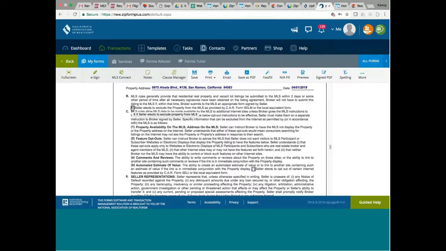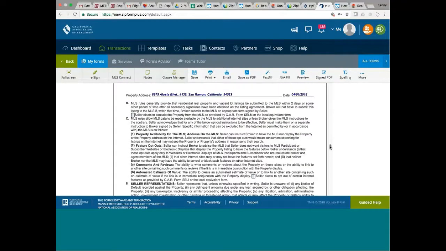Now, if it's the property that is to be excluded from the MLS, you check the box here. But if it's only a temporary delay, you do not check this box, because you're not exactly excluding. You'll just delay putting it on the MLS.